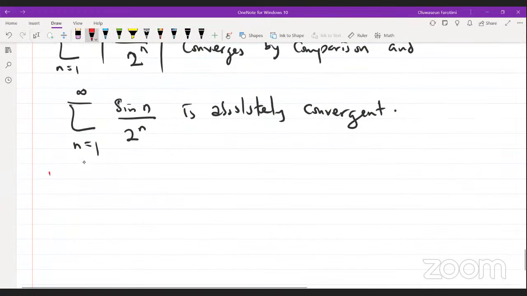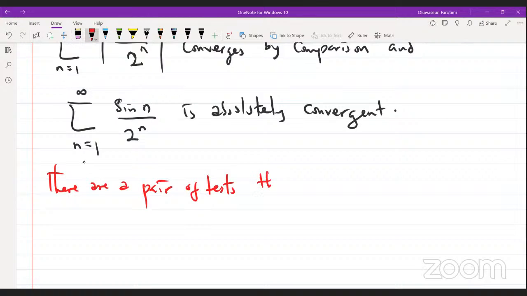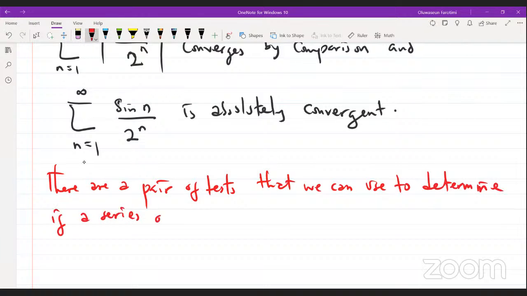Okay, so let me make a statement. There are a pair of tests that we can use to determine if a series is absolutely convergent. And those are the new tests I want to introduce now, okay?